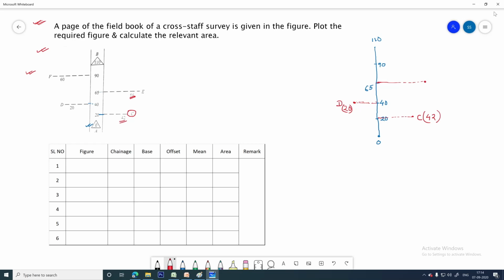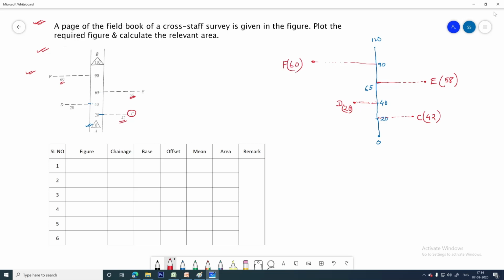This is E, so E is 58. At 90 I have a value that is 60, a much higher value. So let's make it over here, 60, and the nomenclature is F.